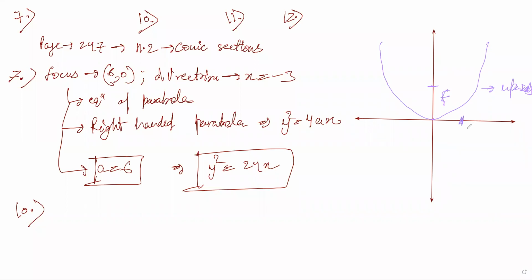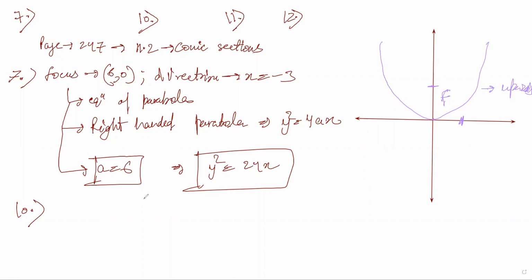If the focus is on positive x, this has to be right-handed. If the focus is on negative x, then left-handed. And if the focus is on negative y, then the parabola is downwards. Okay. So in the third question, we have the focus on positive y, hence the parabola is upwards.